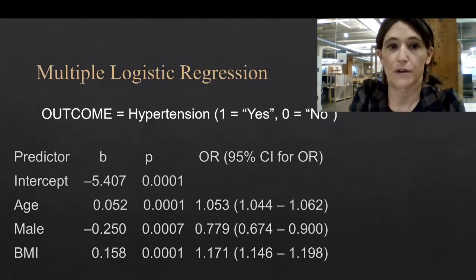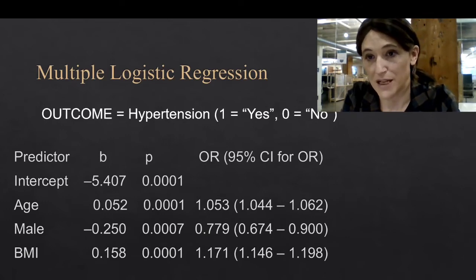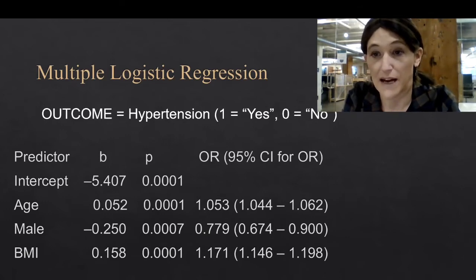As an example, here's a multiple logistic regression model of hypertension. The outcome is yes, you do have hypertension, versus no, 0. Okay, so a dichotomous outcome. And here are the results of our model that includes 3 variables: age, male sex, and BMI, body mass index.